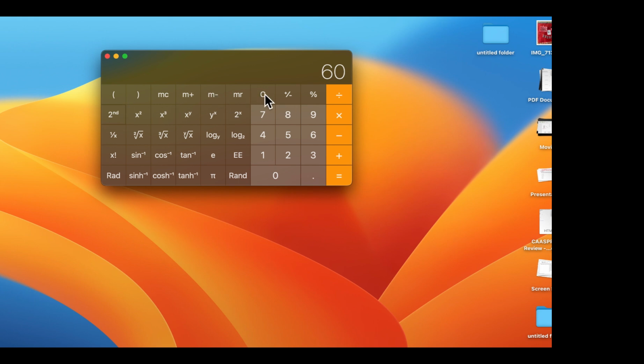And then clear it. Again, I have cosine inverse of half. So let's do half, because my calculator works backward. So half, that's 0.5. And then I'm going to do cosine inverse. Again, I got the same value, which is 60.